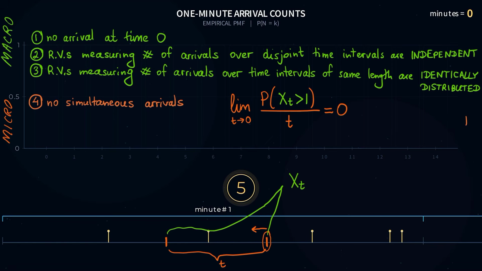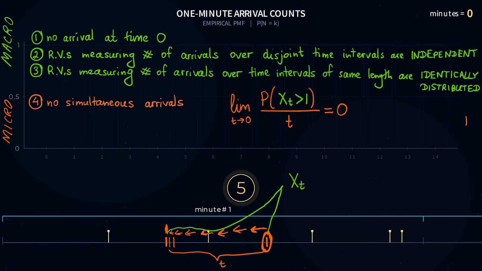So again, what does it say? It says that if we pick this right endpoint of this time interval and we start moving it progressively closer to the left, where this interval is shrinking to a tiny little interval, then essentially the probability that we'll see more than one arrival over this tiny little interval here is 0.